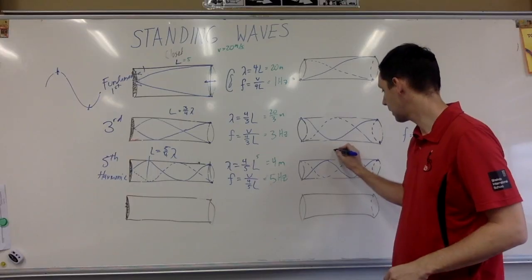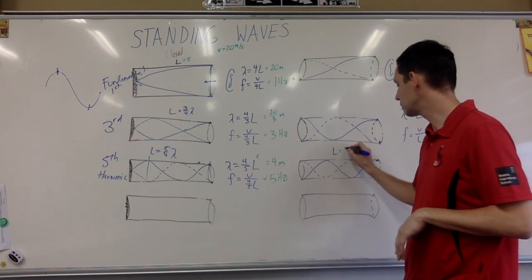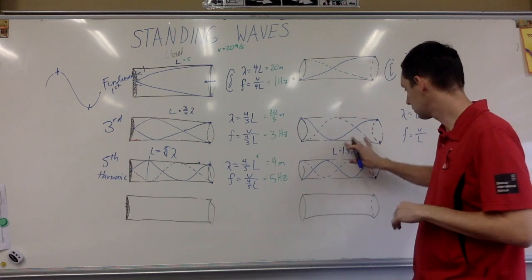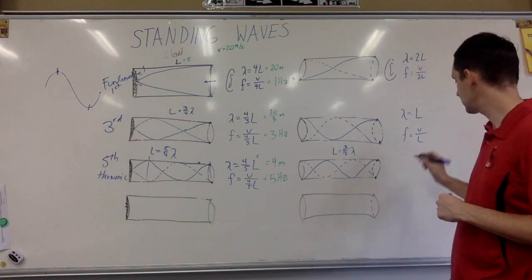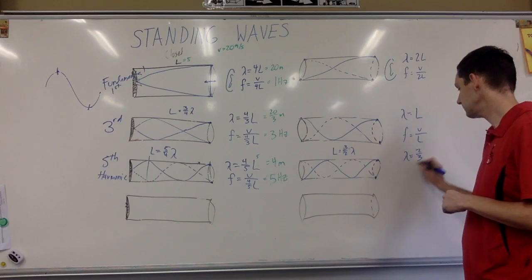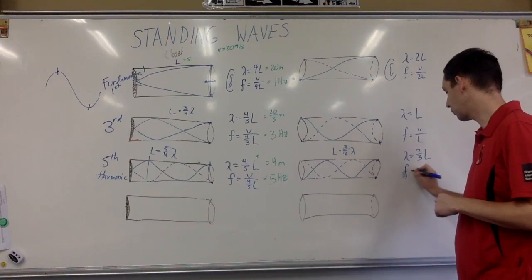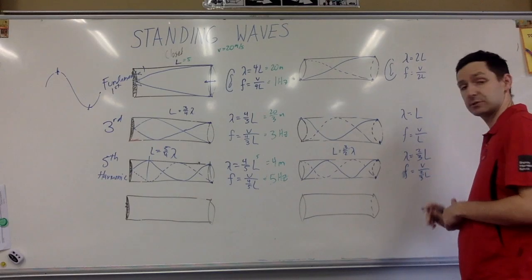It'll be easier for you to think of it by saying length equals 1.5 waves, or better yet, 3/2. And if that's the case, then lambda equals 2/3 times the length, and the frequency, of course, is the speed divided by 2/3 of the length.